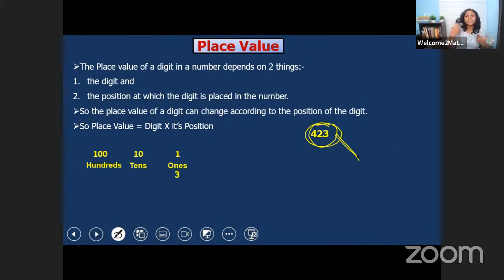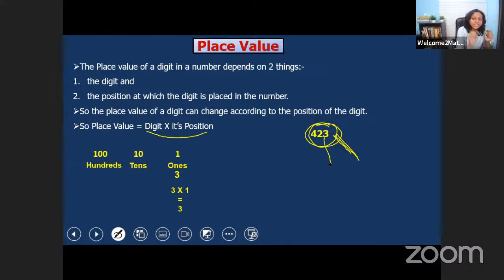Place value of 3 is digit into its position. Whenever we multiply a digit with its position, we get the place value of the number. So here 3 is at ones place. Let's find out the place value of 3. 3 into 1 is 3. So place value of 3 is 3.